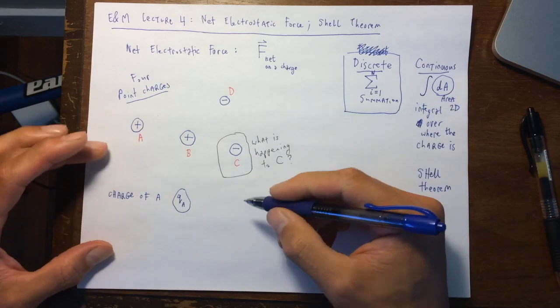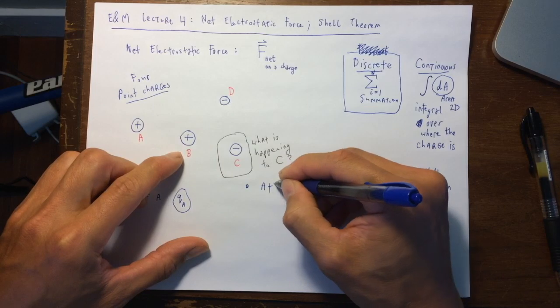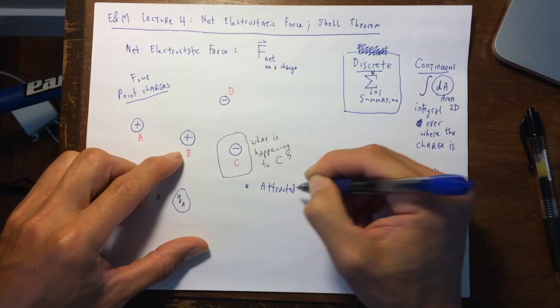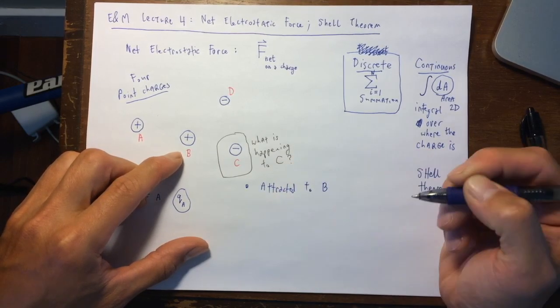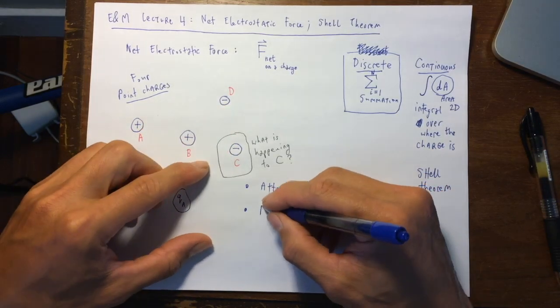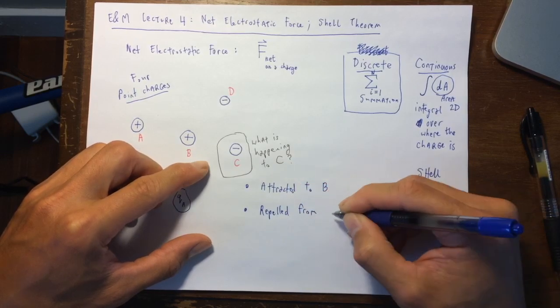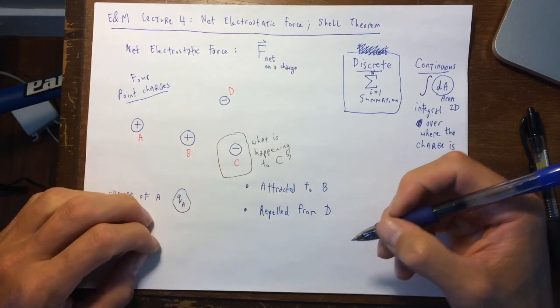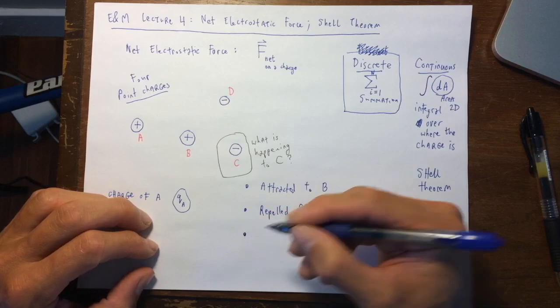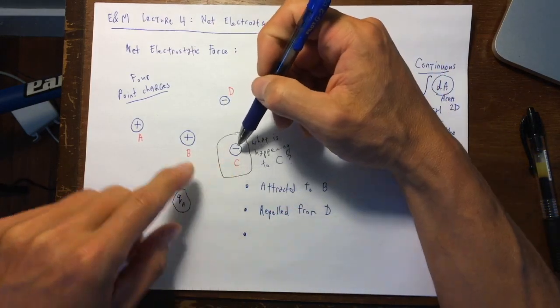Well, charge C is attracted to B. It's repelled from D. And also, interestingly, so here's charge C. Check it out. I drew this on purpose.